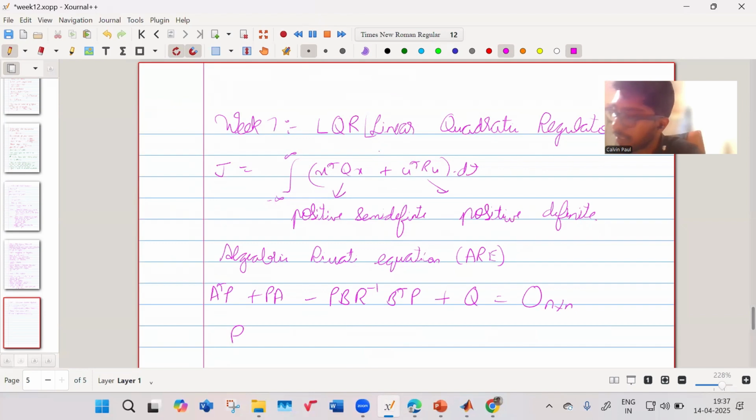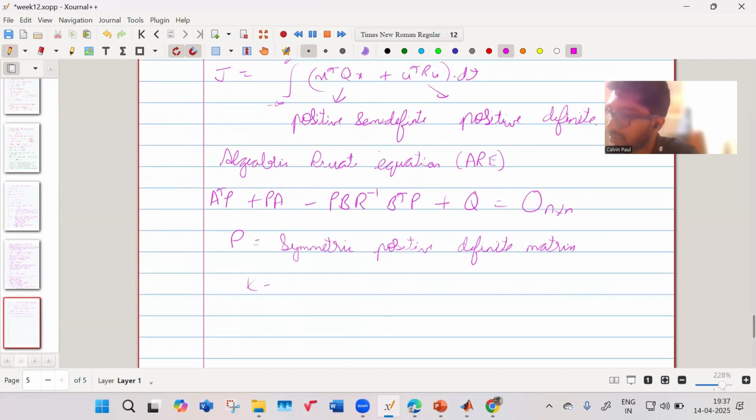And P is symmetric, that should be remembered, a positive definite matrix. Once we solve for P, we get K equal to R inverse B transpose P.